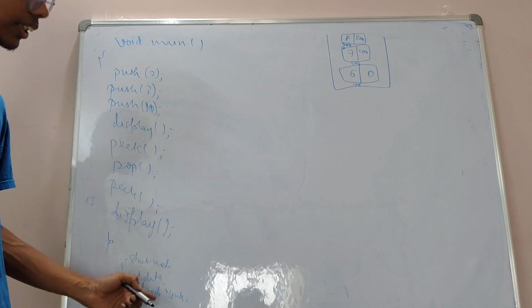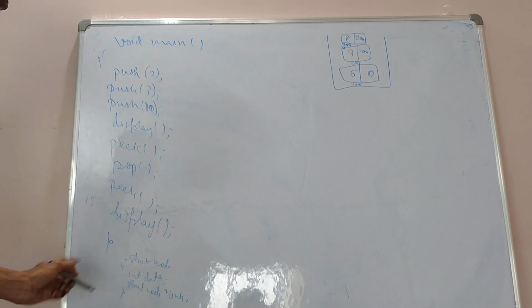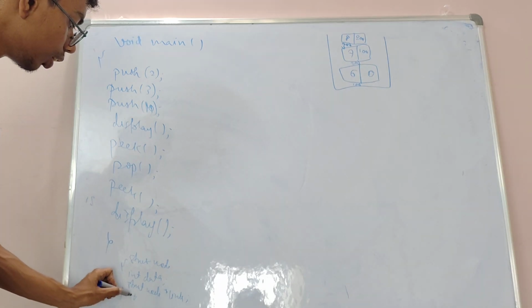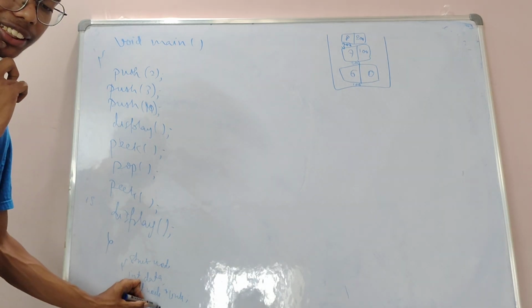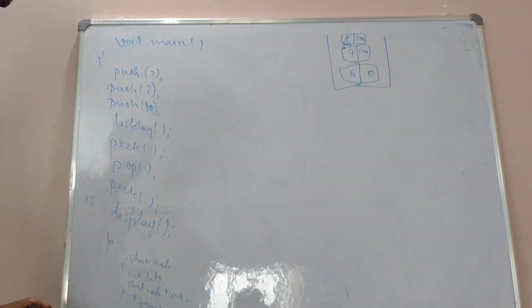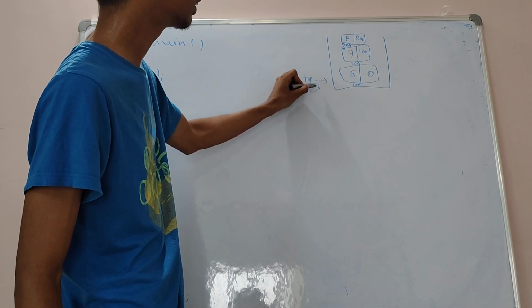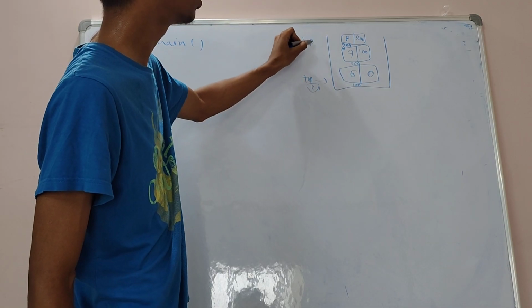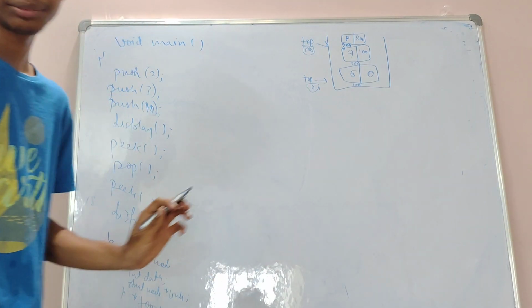This is the second member of the node, or member of a structure, second part of node, and here top, top pointer which is initially 0. So first top will point here which is initially 0, then I will update top and it will point here.